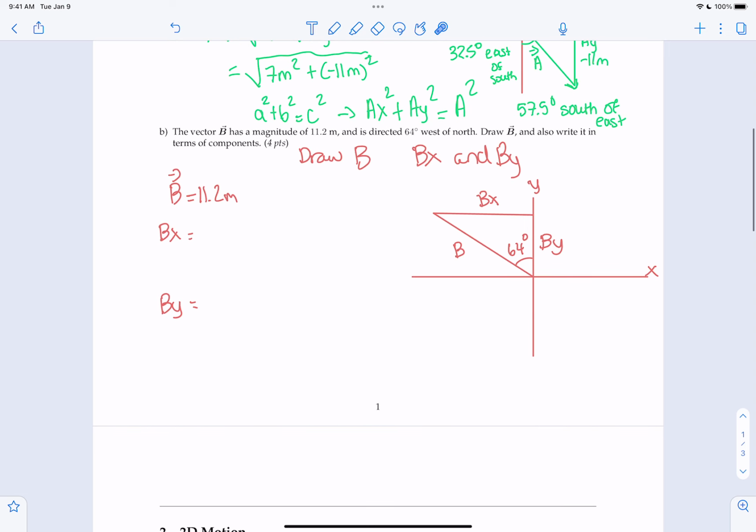So, anyone have an idea as to how we can figure out bx? Yeah, go ahead.